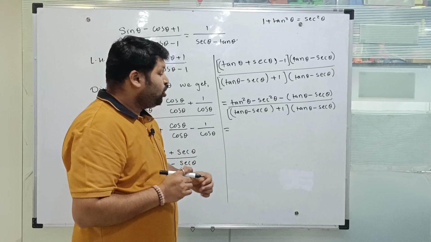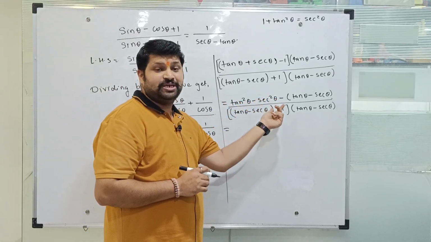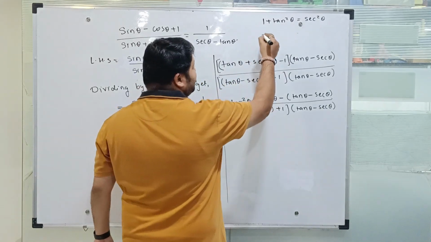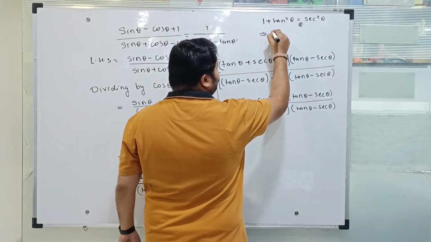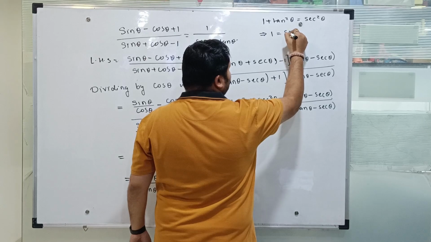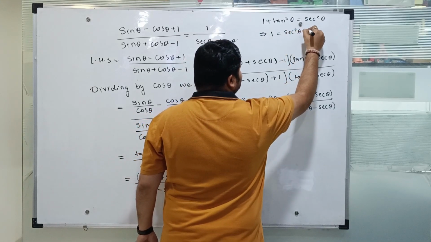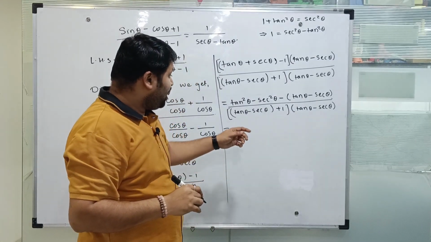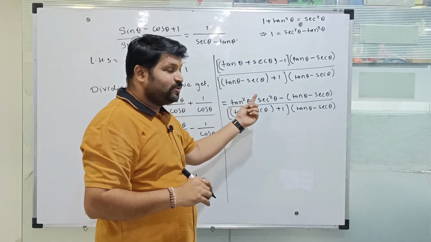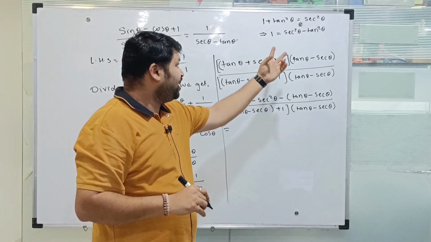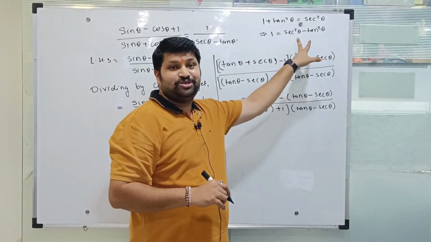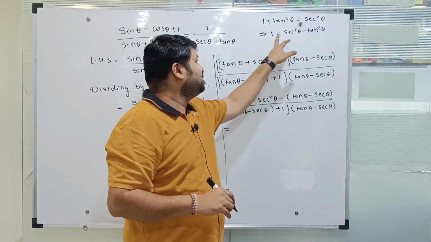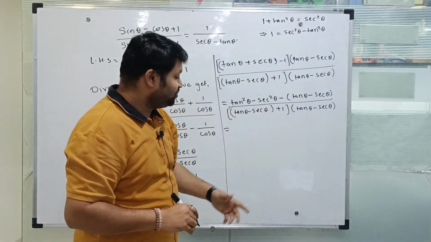Now, what is this tan square theta minus sec square theta? From this identity I have 1 is equal to sec square theta minus tan square theta. However, here I have tan square theta minus sec square theta, so I have to write it in the opposite order. If I write the subtraction in opposite order, on the other side I need to change the sign.